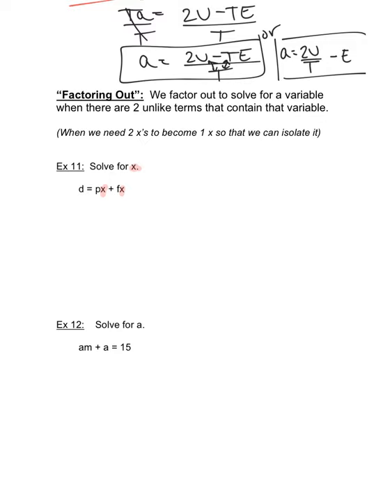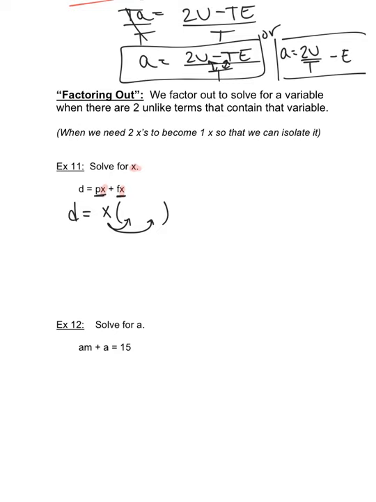So what we do is we write a problem that looks like this. We take that x and we put it outside of parentheses. I'm going to copy the d equals. And we say to ourselves, if I were to write a distributive property problem, x times what would give me px, and x times what would give me fx?